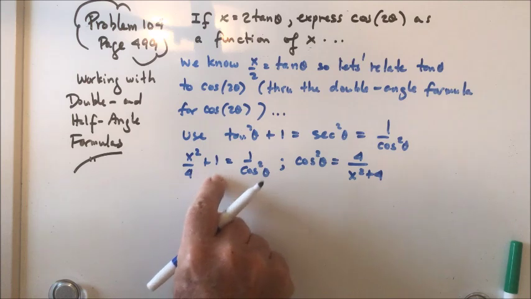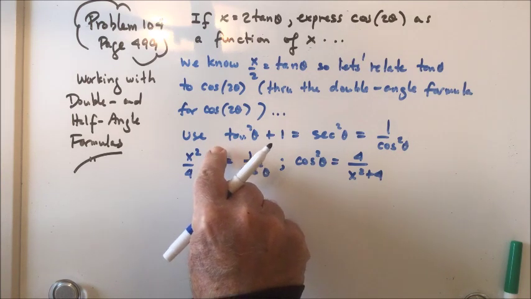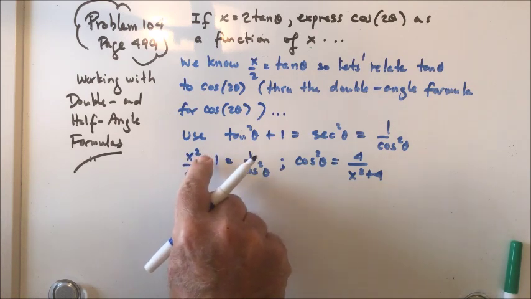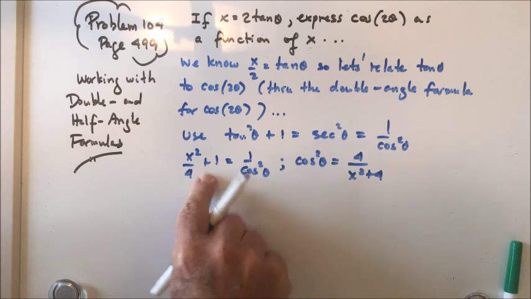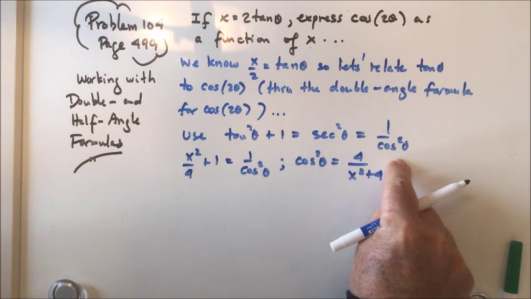If I combine these two, multiply the 1 by 4 on the top, 4 on the bottom, then this is x squared plus 4 over 4. And if I turn this side upside down and this side upside down, I get this.